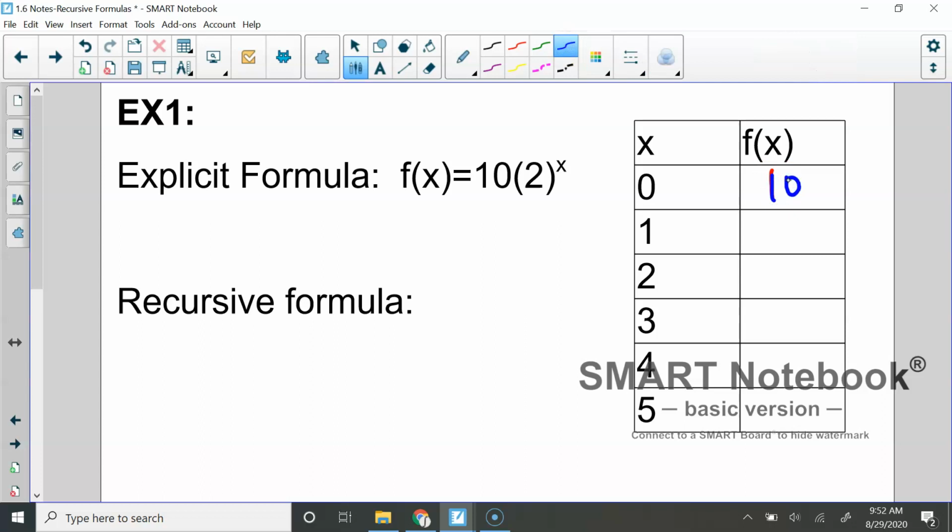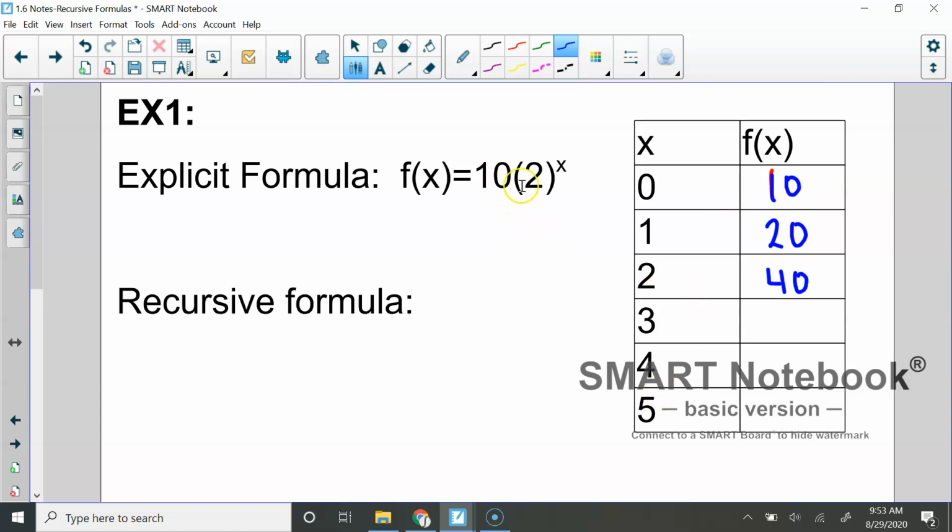Now, if I plug in 1, then that's going to be 10 times 2 to the first power, which is going to give me 20. If I plug in 2, I'll have 10 times 2 to the second power, so I'll do 2 to the second first, which will give me 4. 4 times 10 is 40, and of course you can use your calculator to plug these in as well when these numbers get larger.